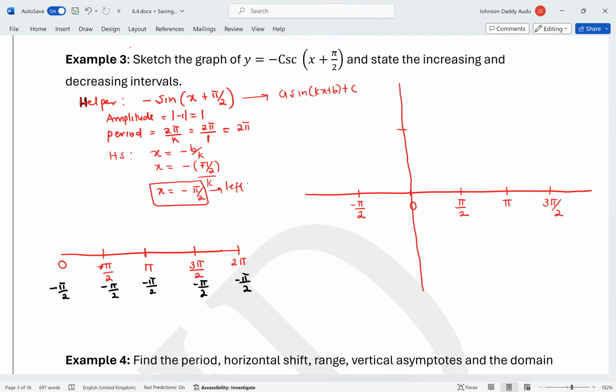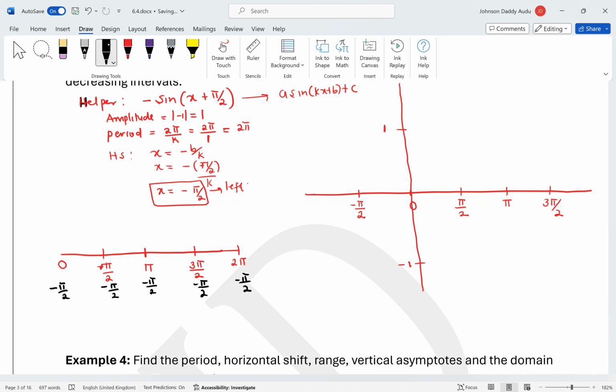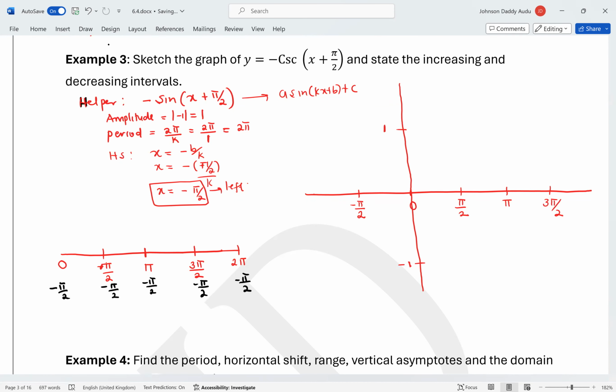And our A is still 1, and the maximum is 1 and minus 1. So to graph this sine, this is sine. We know sine, we should start from where? We should start from the baseline, from the beginning. So we have sine of minus pi over 2 is going to be 0.